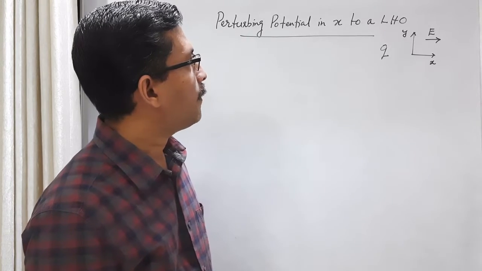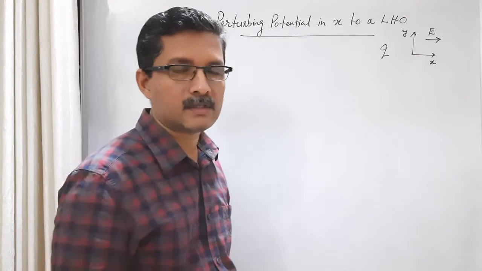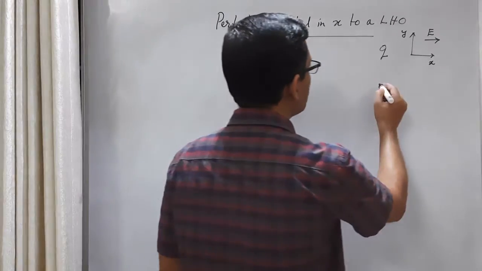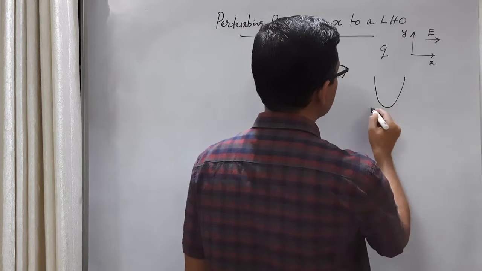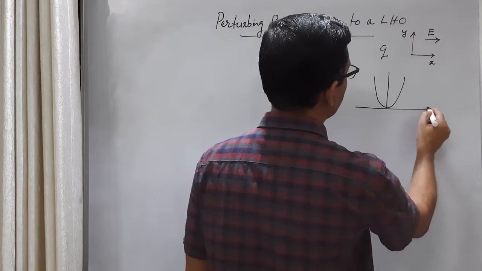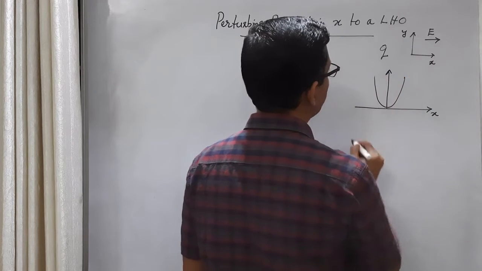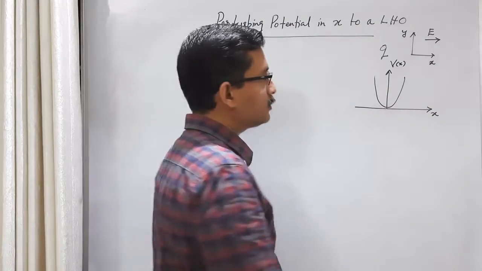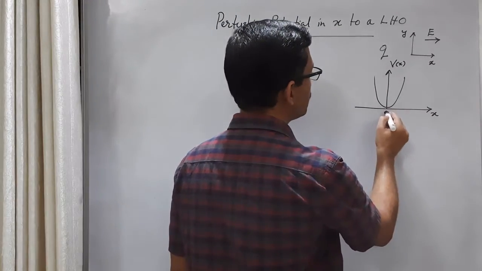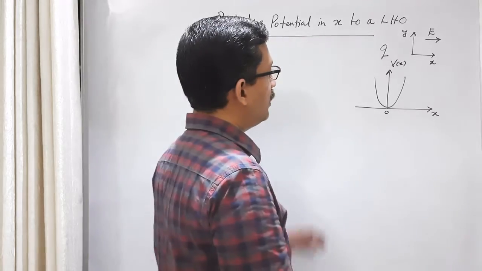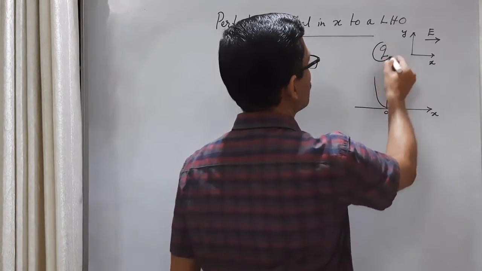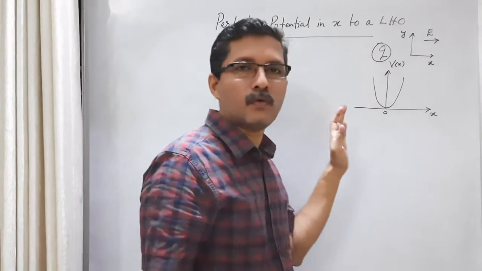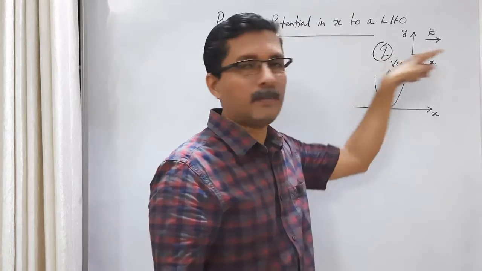Before we solve this problem, let us try to intuitively obtain what will happen. Initially the particle is oscillating like this. Let us say we are plotting the potential energy. The particle is oscillating here with 0 as the mean position. It has a positive charge q. Now when you apply an electric field along the plus x direction, it will exert a force qE along the plus x direction.